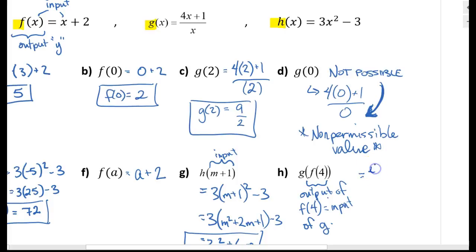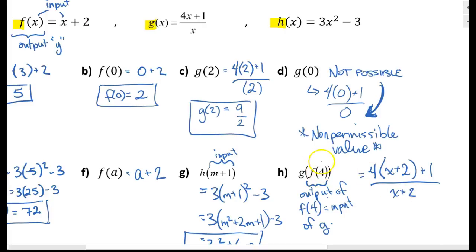So I'm going to go 4 times, now in place of x here, I'm going to put this whole function f of x. So x plus 2 plus 1, all divided by, and again, our input is no longer just x, but f of x, so I'm going to put x plus 2 in the denominator.